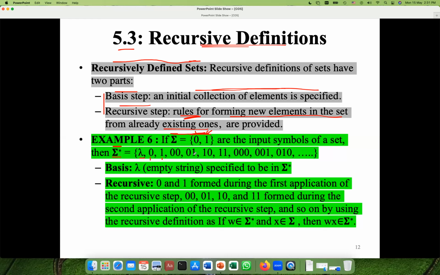Then 0 with 0, 0 with 1, 1 with 0, 1 with 1. You can see all these things: you are mixing characters, joining characters. Then 2 times 0 with again 0, you have a triple. So these are the strings.